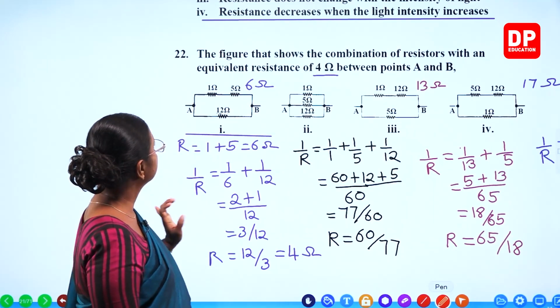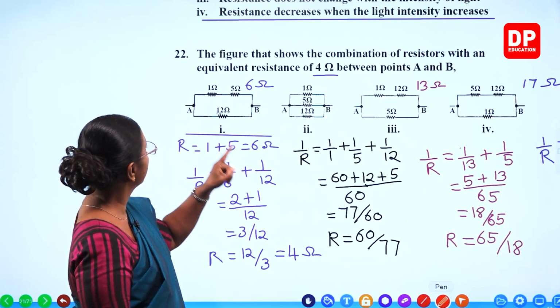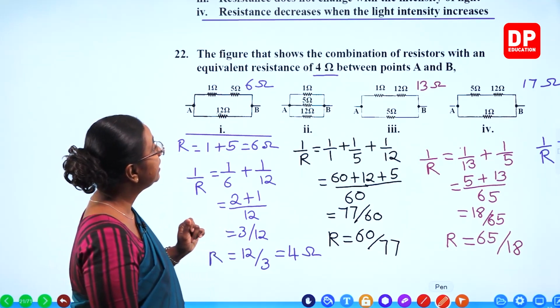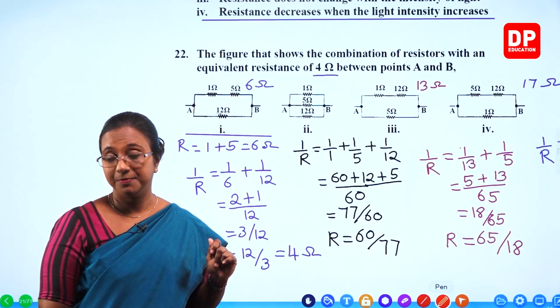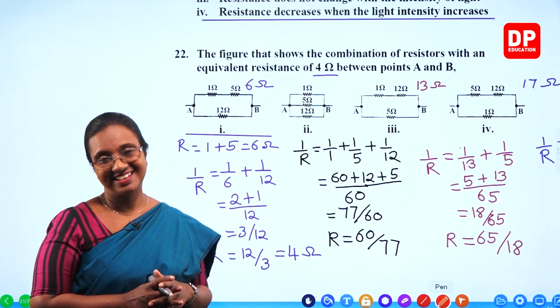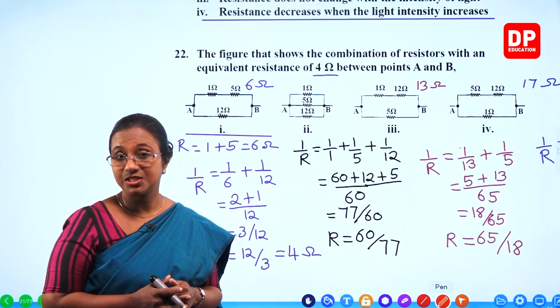So this is the circuit, the figure that shows the combination of resistors with an equivalent resistance of 4 ohms between points A and B. I am sure you can understand this clearly. So with that, students, I will move on to the next question.